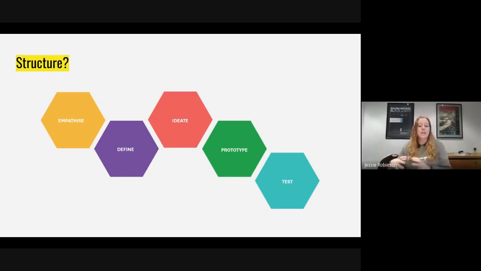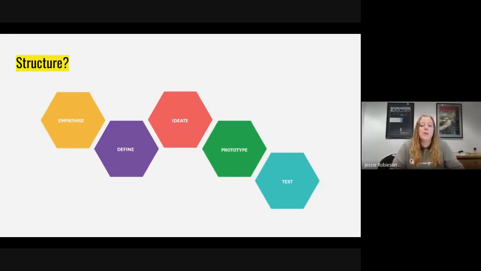I also put a little extra one on the end, although it's not in there, as Share. I've seen that done a lot with people putting Share on the end, because it's really important, especially when we're teaching students and kids, that they share these ideas and we give them an opportunity to present and understand and share with others.